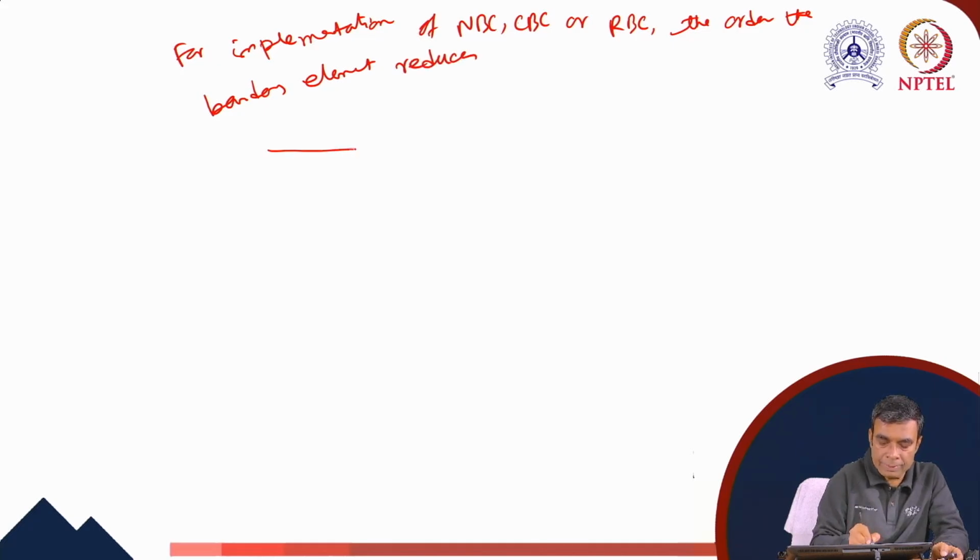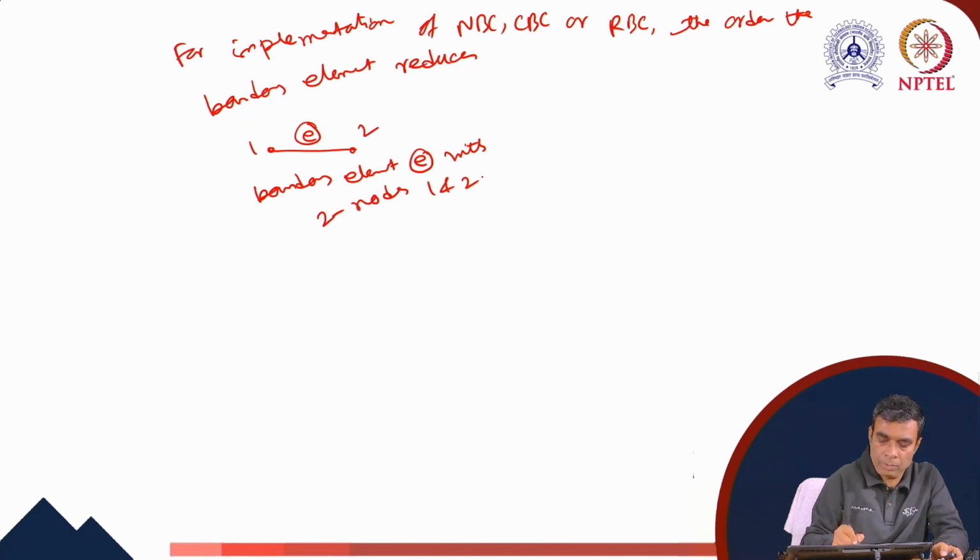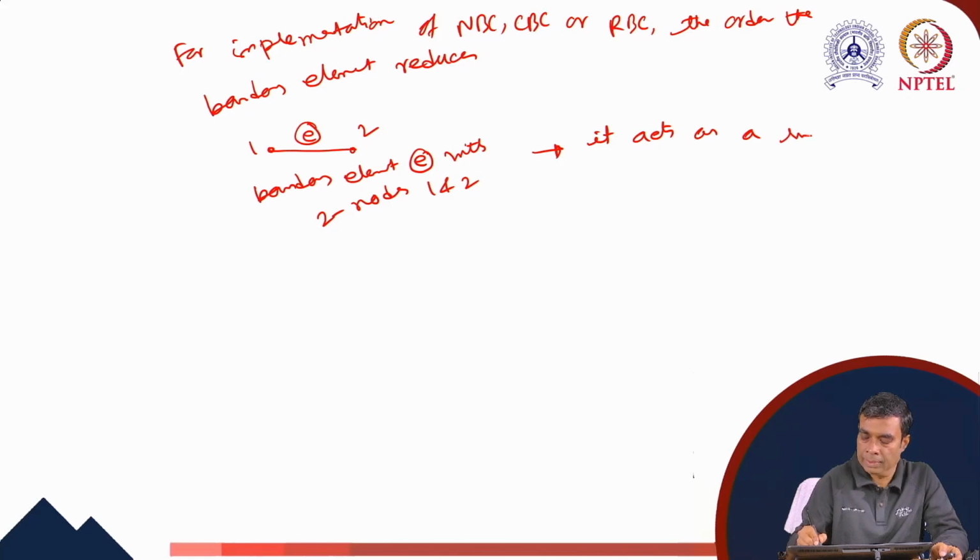The meaning is that this is a boundary element E with 2 nodes 1 and 2. It acts as a single noded point element.